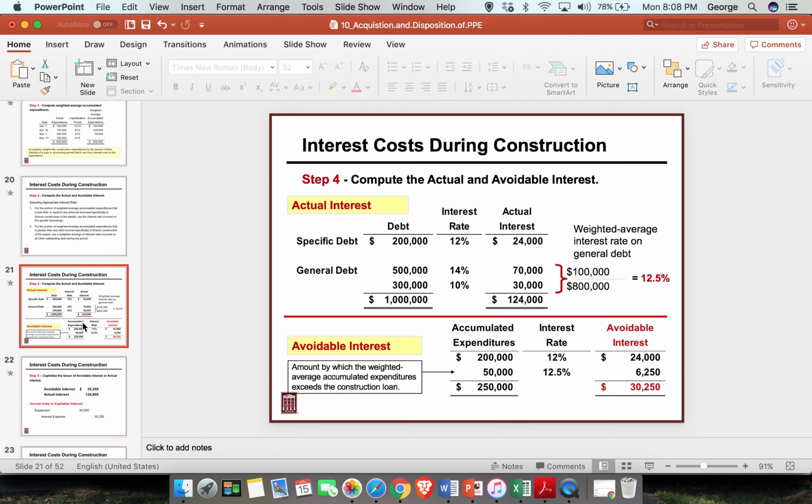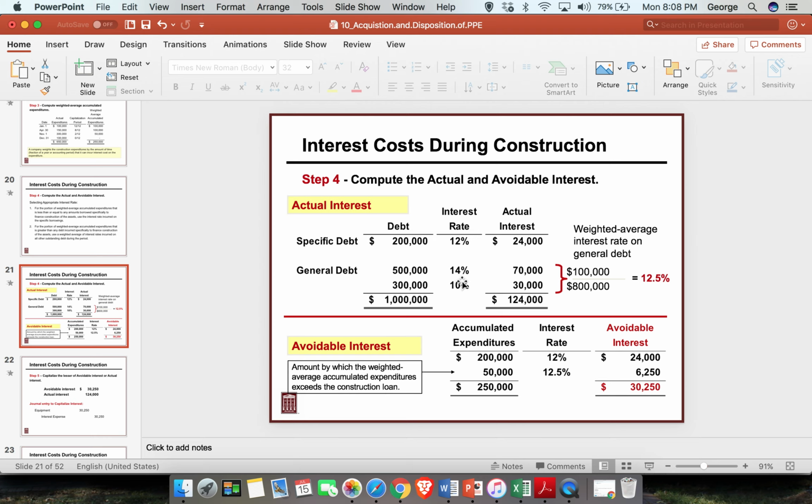All right, so step 4. So here's our actual interest and avoidable interest. The amount of actual interest for the project is $24,000. $200,000 was the specific debt at an interest rate of 12%. So $24,000 was the amount of actual interest. And then our general debt, not related to our capitalization, we had 14 and 10.